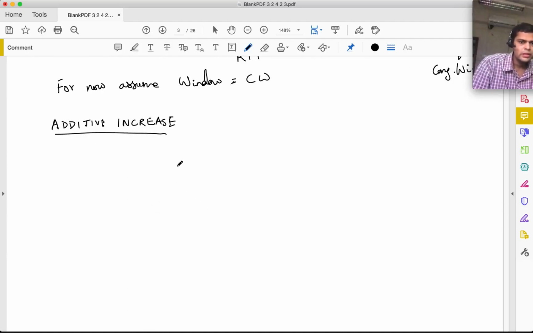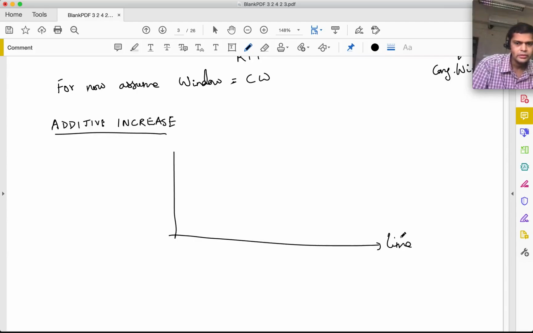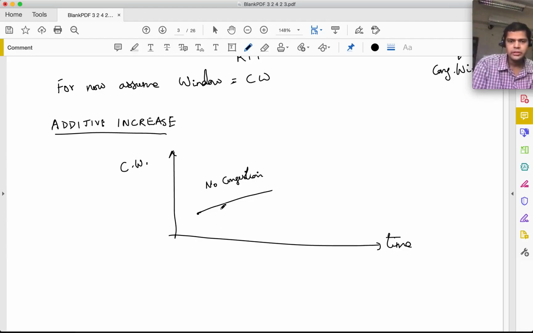What this means is that if I plot window size against time of a particular TCP connection, let's say I'm plotting the congestion window, suppose there is no congestion detected, the window size should increase in an additive fashion over time. Okay, so it should be like a linear increase like this. And so we are not being too aggressive.